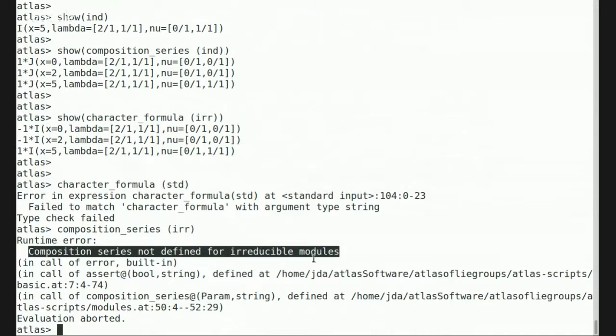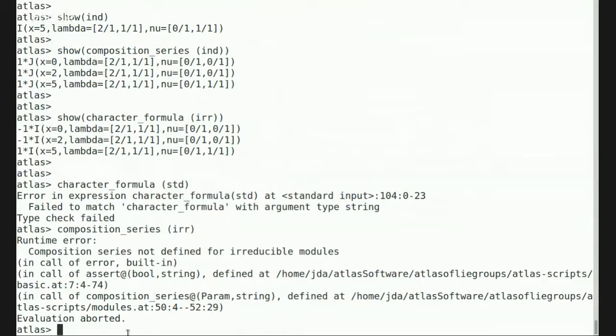And there should be a comparable error message in the case of character formula. So this helps to prevent mistakes. You almost certainly aren't interested in computing the composition series of an irreducible representation. Now, if you have a standard module which happens to be irreducible, you can compute its composition series, but that's a different matter.